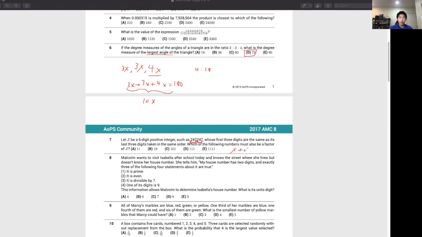So it's the same as writing x plus 1,000x, where the 1,000x represents the first 3 digits and the x represents the last 3 digits. And this adds up to 1,001 times x. Now all we have to do is see which one of these numbers is a factor of 1,001.